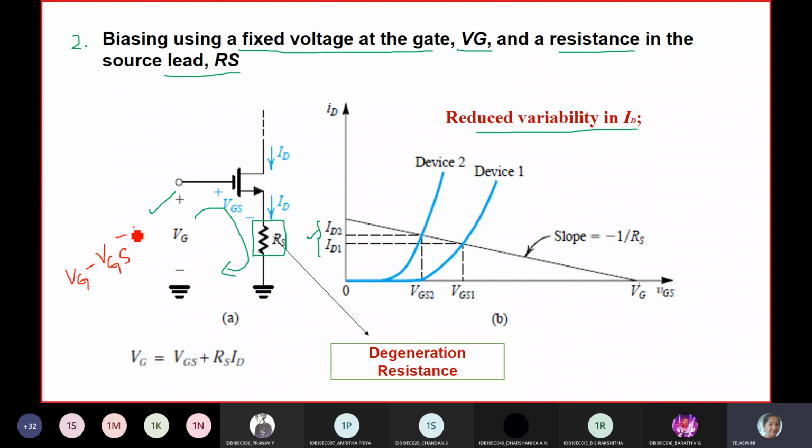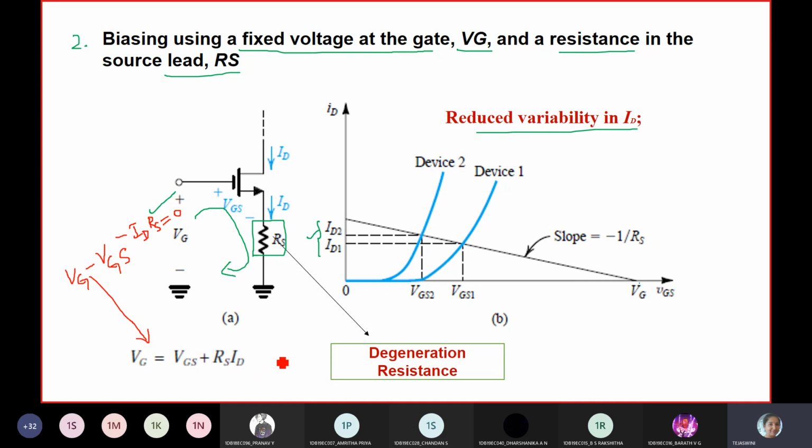What is the voltage across RS? Current into resistance, that is ID into RS, equal to 0. This can also be written as VG equals VGS plus RS into ID. Okay?